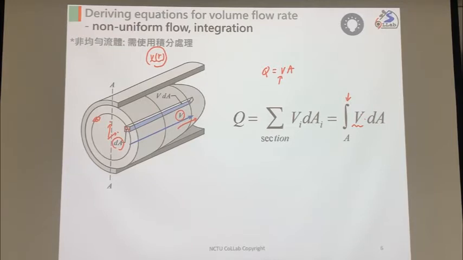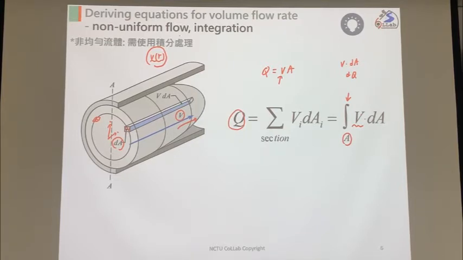Finally I integrate, summing all V multiplied by dA. You can say that V times dA is dQ, right? And finally we integrate over the different areas, and we have the total discharge. So because the flow is not uniform, we need to apply the integration operator to process this problem.